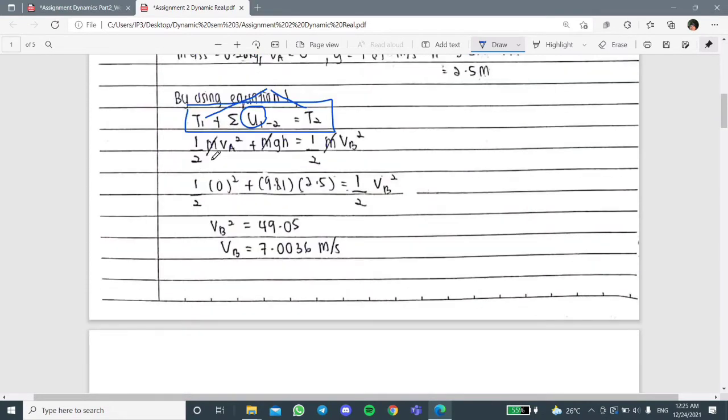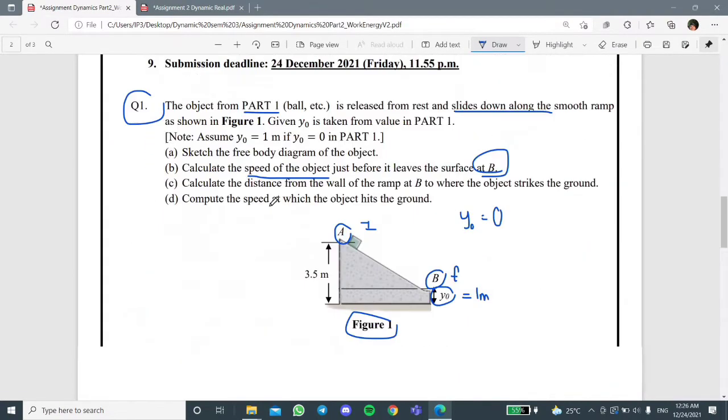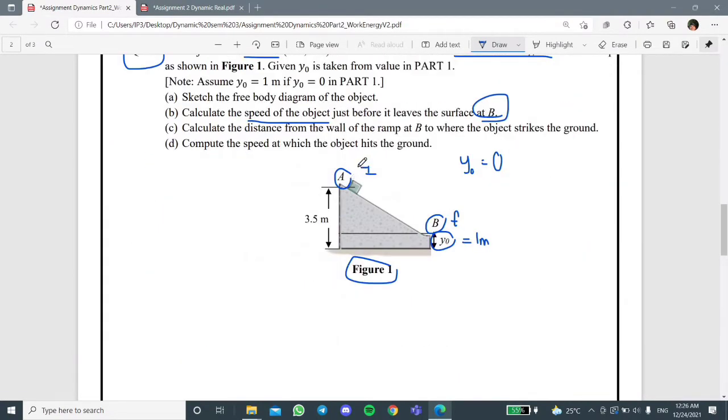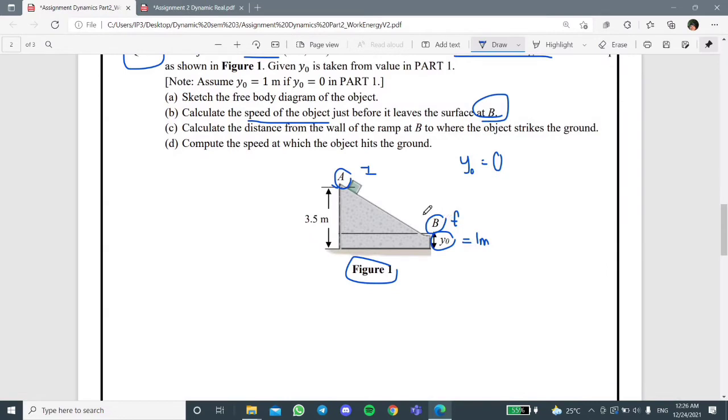So just replace T1 with half m VA squared, plus mgh, is equal to half m VB squared. This is VA squared because the initial value here is A. This one is VB, the velocity at B here.